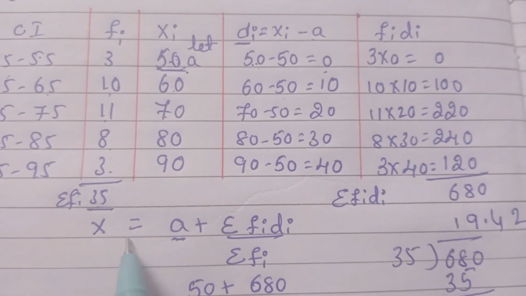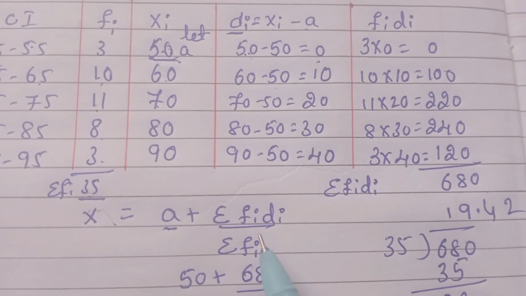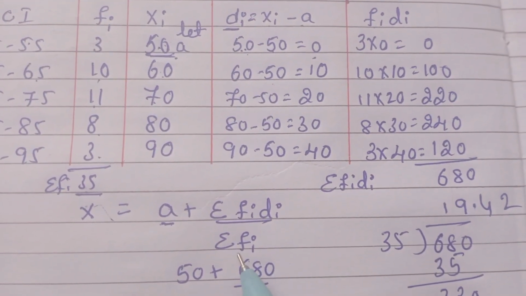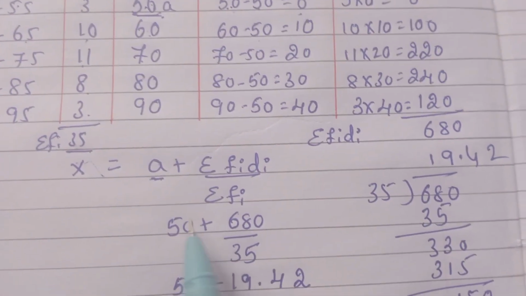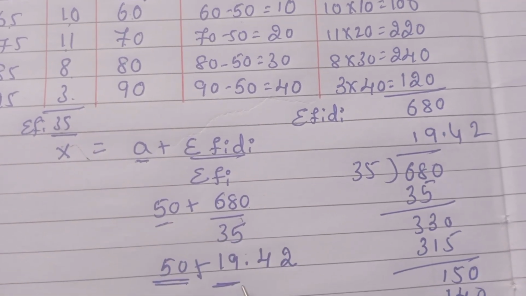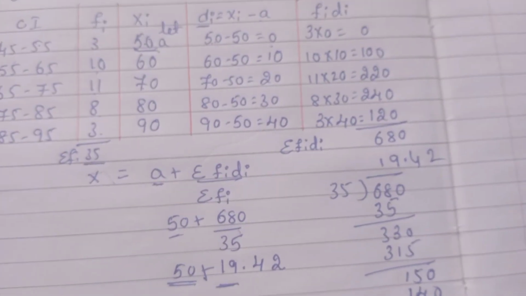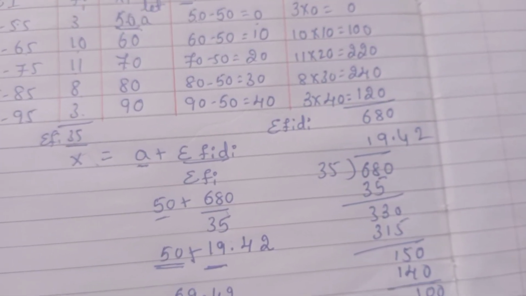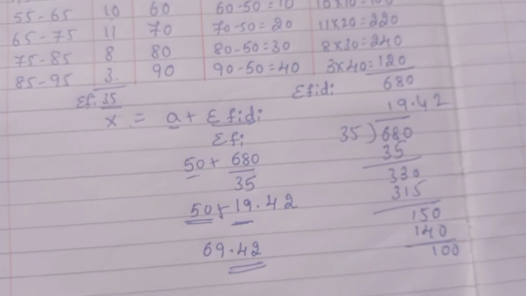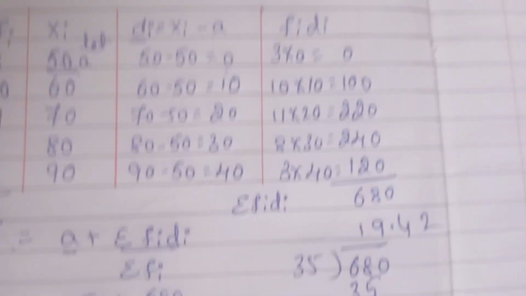The formula to find the mean in assumed mean method is A plus sigma Fi Di divided by sigma Fi. Assumed mean A plus 680 by 35. We get 19.42. 50 plus 19.42 is 69.42.